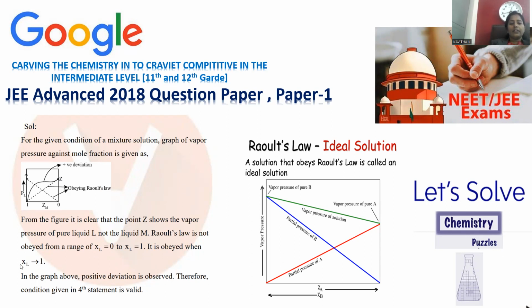It is obeyed when XL tends to 1. Whenever the mole fraction of liquid L tends to 1, then only this kind of positive deviation can be applied.